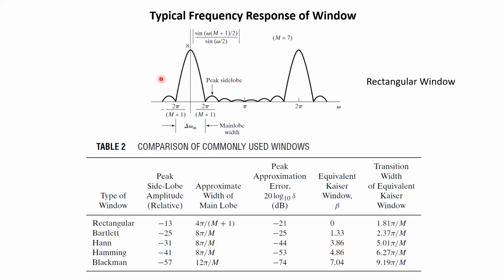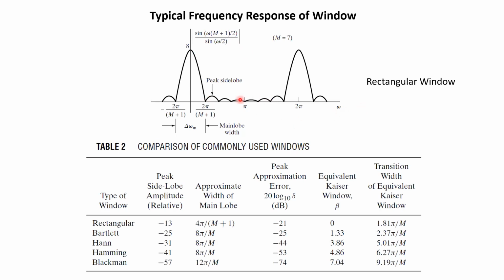So here we have to observe that we have plotted the magnitude of the frequency response versus the digital frequency, right? So this is the absolute value of your frequency response, and here is the frequency component.